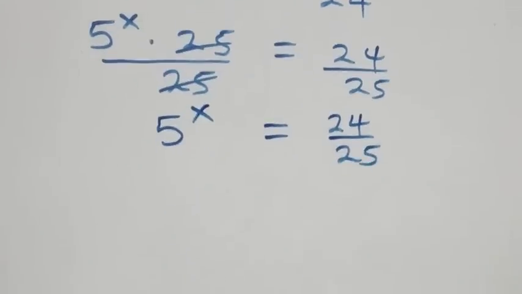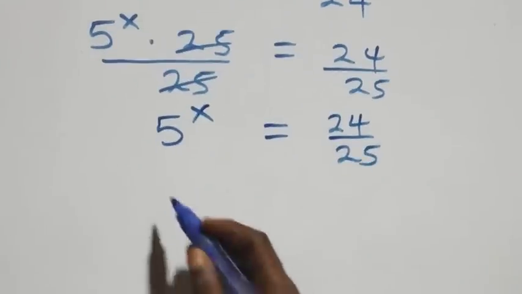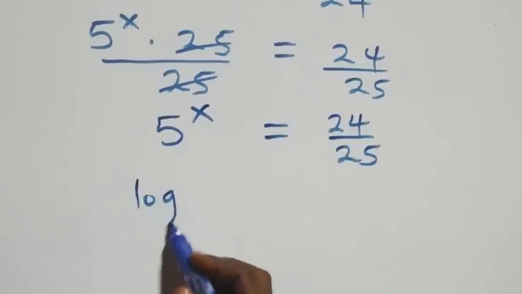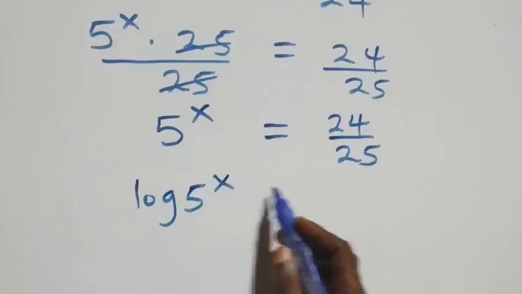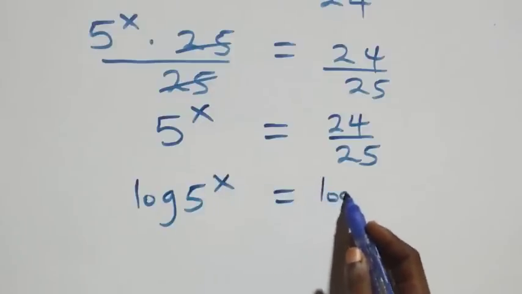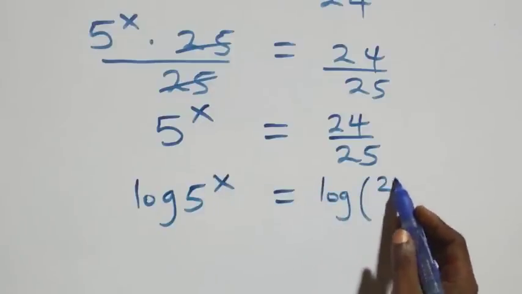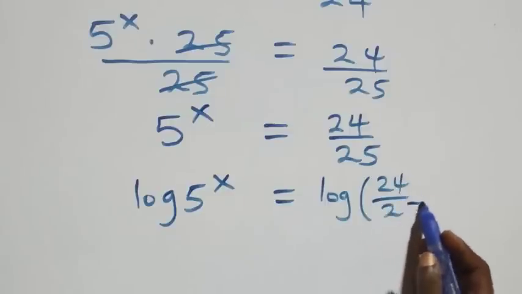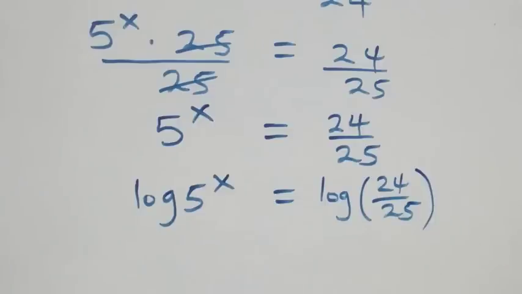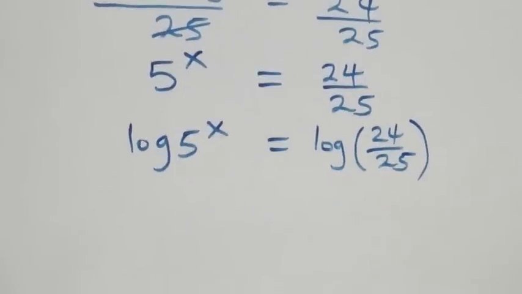The next step here, we take the log on both sides. That is, we have log 5 raised to power x equals log 24 over 25. From here, we apply the power law of logarithm.